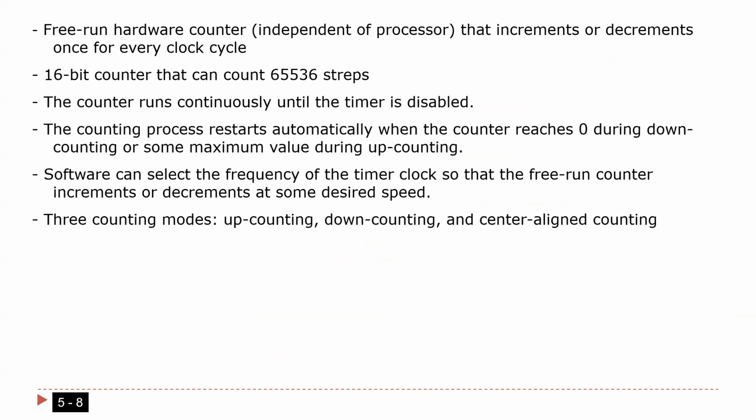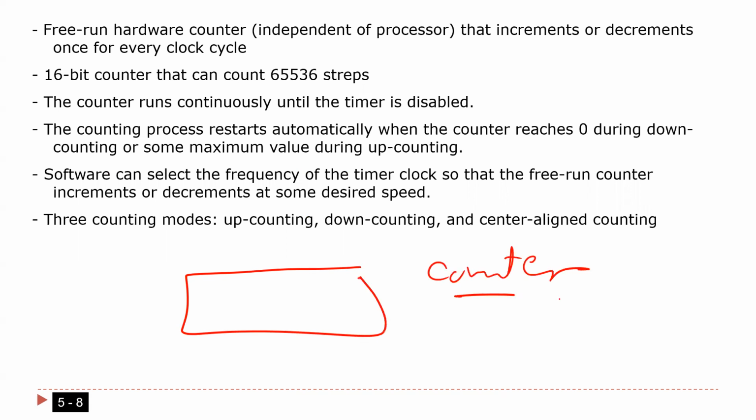Number one, as you see here, we have a free run hardware counter, independent of the processor. What does free run mean? What does independent of the processor mean? Let me say, this is similar to the SysTick counter. When I explained SysTick, I told you we have a hardware, and this hardware we call a counter.